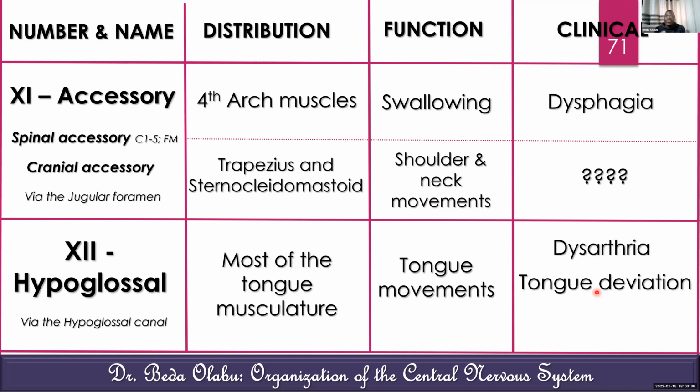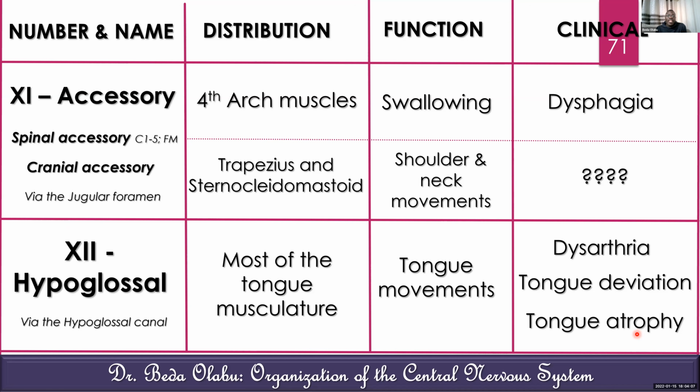This is a bit different from facial nerve injury, where the mouth deviates away from the side that is paralyzed. For hypoglossal nerve, the tongue deviates towards the side that's paralyzed if you tell the patient to protrude the tongue. And over time, the side that is paralyzed may become thinner. So the tongue will undergo atrophy, unilateral or ipsilateral atrophy.